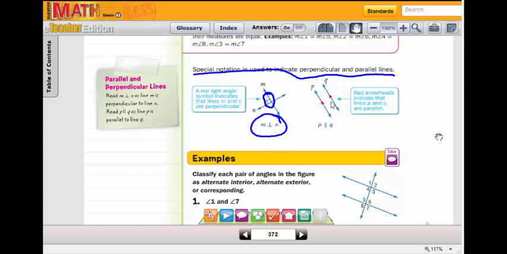And lastly, if we're going to show parallel lines, you can show parallel either by saying P is parallel, using this symbol here, to Q, or you can just do it right on the lines by putting these two symbols here. So again, you can use this symbol for perpendicular and these symbols for parallel, to show line M perpendicular to N and line P parallel to line Q.